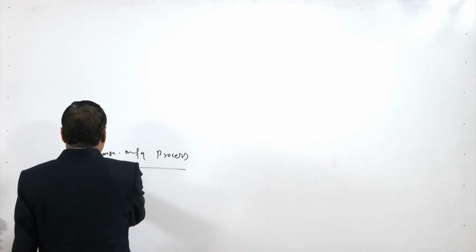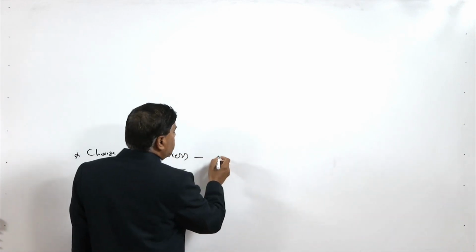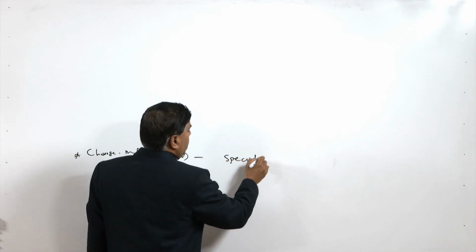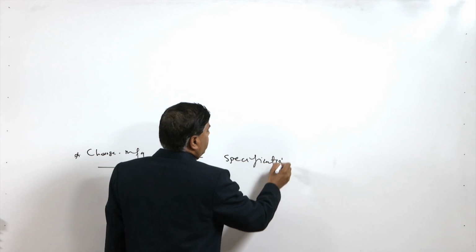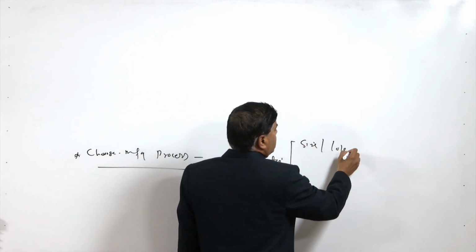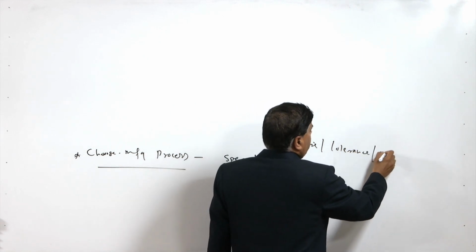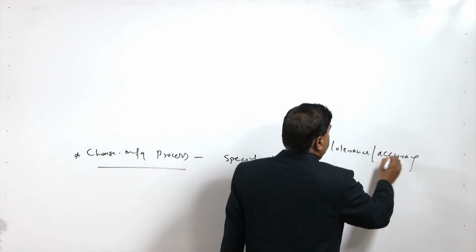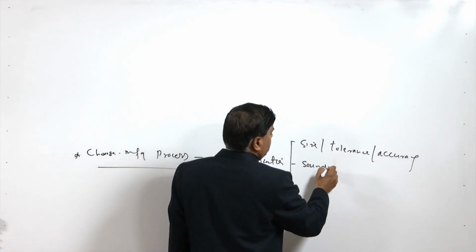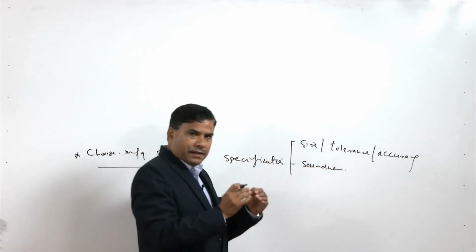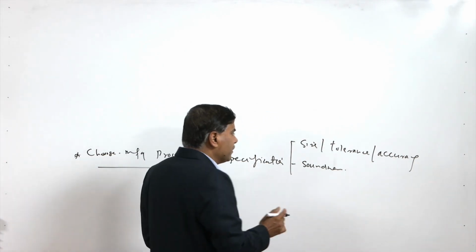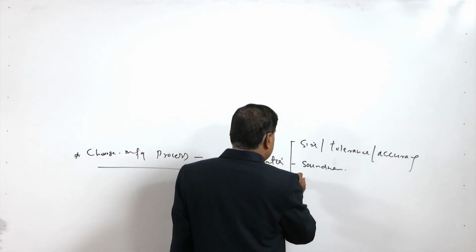So this is the first thing: a process which can make the product with the desired specification. Whatever specifications are there in terms of size, tolerance, accuracy, all those should be met by the process, and then soundness, with the desired reduced size of inclusions or reduced porosity, or whatever acceptance criteria is there, that product should meet.